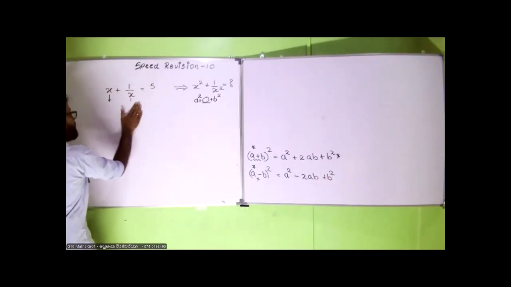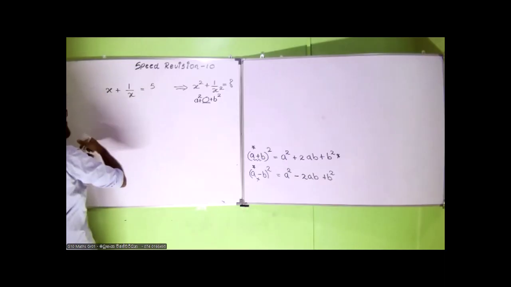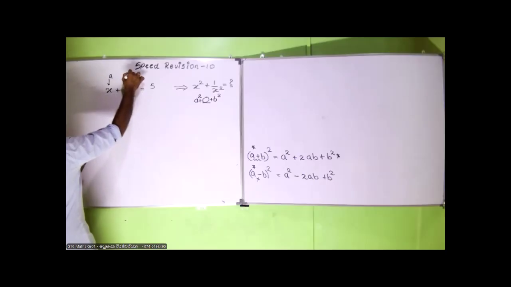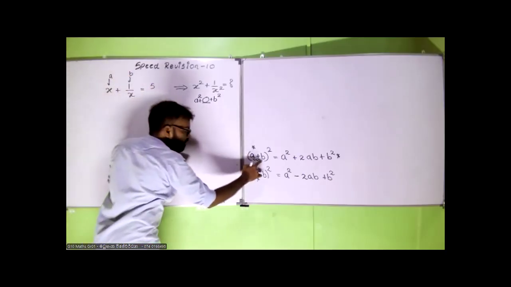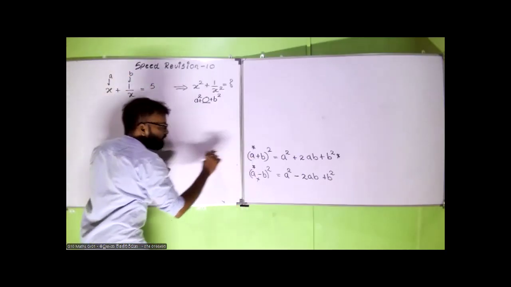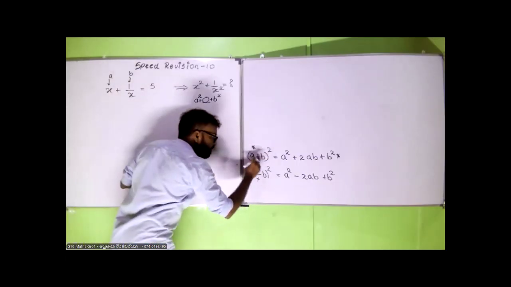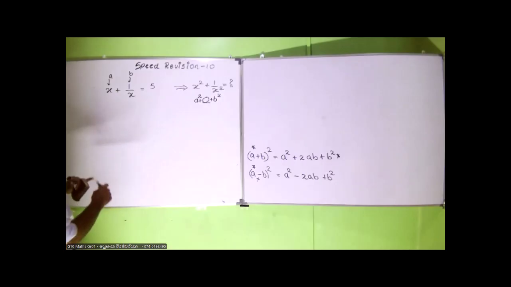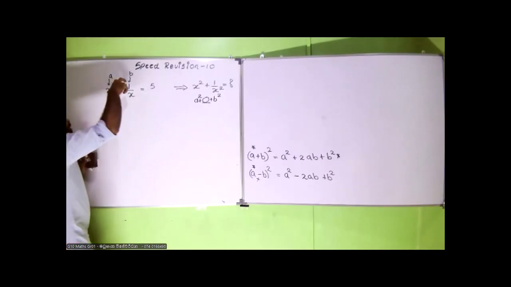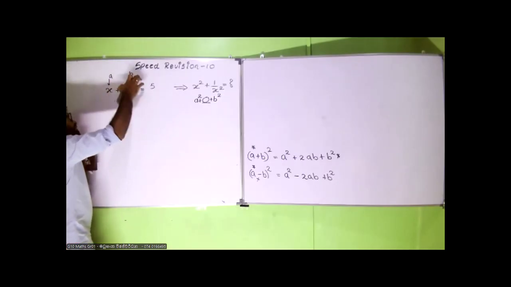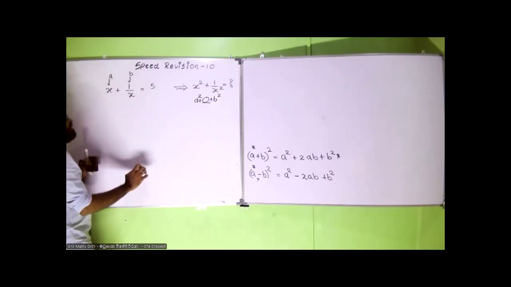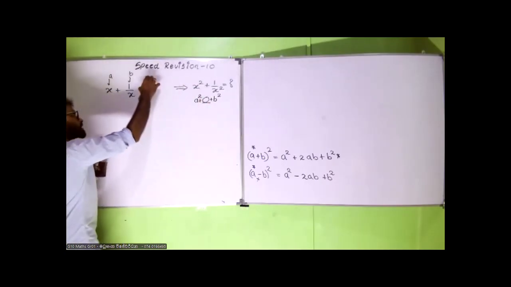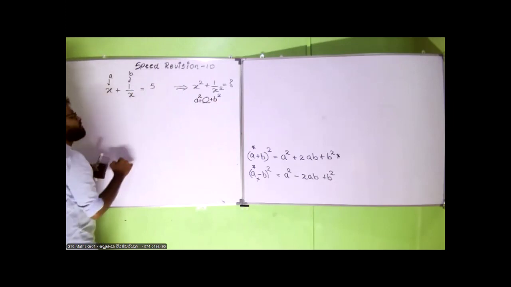I told you this is something like A and B. Now think of that, A and B. It is definitely equal to this, but we are missing the power 2. So I am going to take the square of this left hand side, and to balance it, we need to take the square of our right hand side as well.